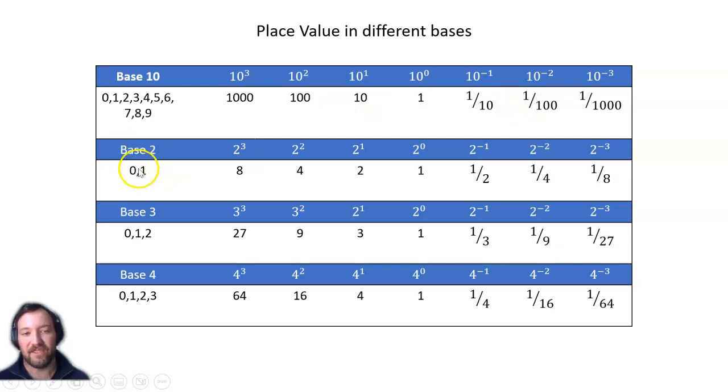Base 2 is like 2 fingers. You get a 0 and a 1 finger. And your place values are 8s, 4s, 2s, 1s, halves, 4ths, 8ths. But of course you could do the same thing. Base 3, now you have 3 fingers, 0, 1, 2. And these are your place values, right? Notice the nice symmetry. Base 4, you have 4 fingers, so the symbols 0, 1, 2, and 3, and these are your place values.